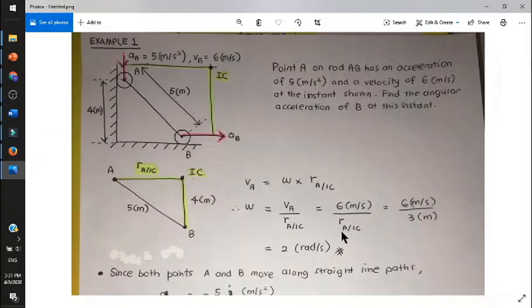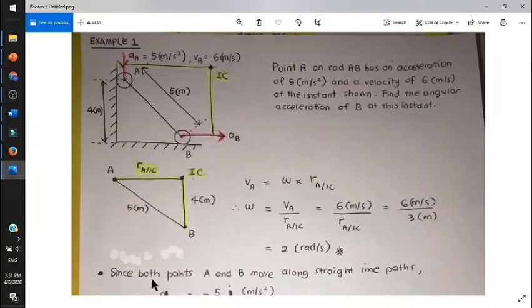What is left for you to do is calculate RAIC. So here you have triangle 4, 5, then here is 3. I won't explain how you get 3, this is very simple mathematics. So 6 over 3, you will get omega A equal to 2 radian per second.